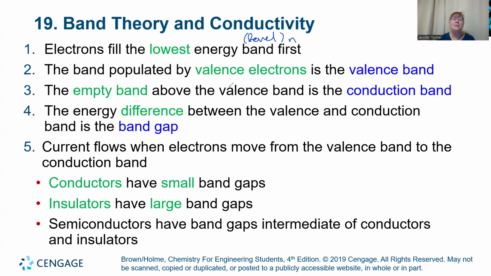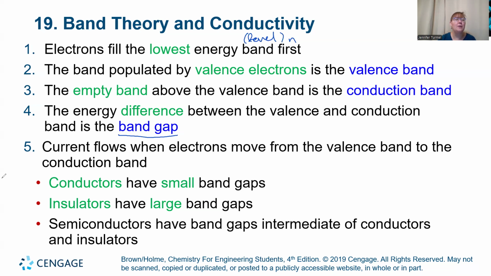And the empty band above the valence band is called our conduction band. You'll see pictures of this in a minute on the next slide. The energy difference between the valence and conduction band is the band gap. And last, current flows when electrons move from the valence band to the conduction band.